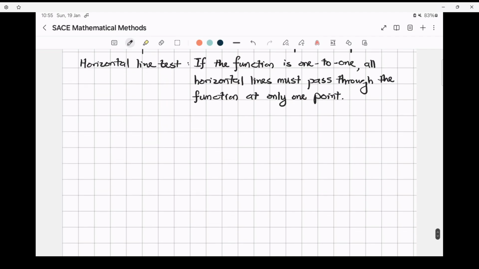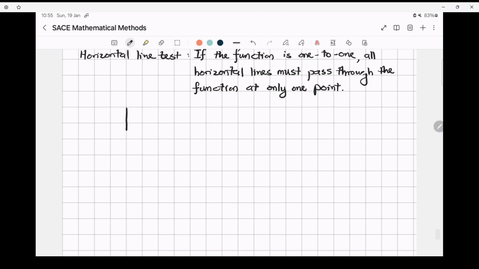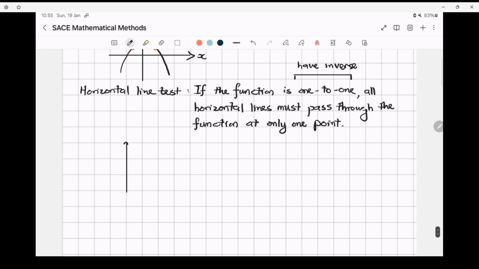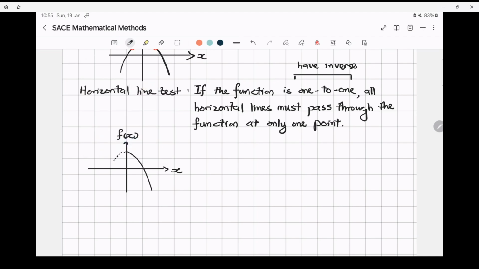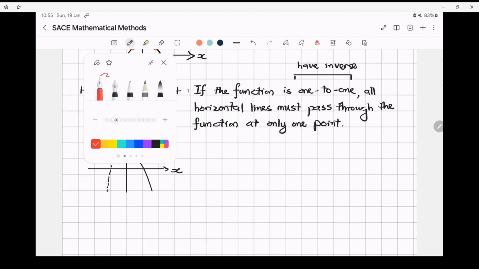So how do we fix this particular function, for example, if we want it to have an inverse? You need to restrict your domain in such a way that you either have the left part or you have the right part. Let me use a dotted line. Either way, if you define your function to only have half of the path, then any horizontal line will only intercept at one point.